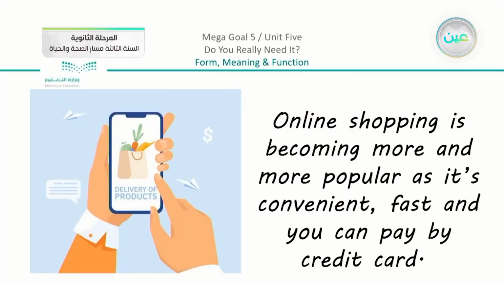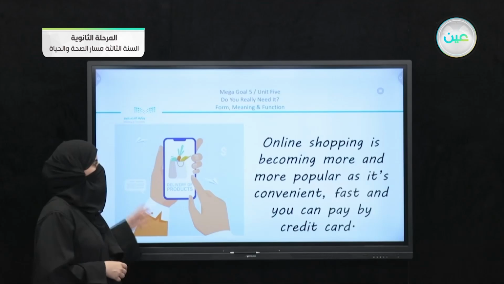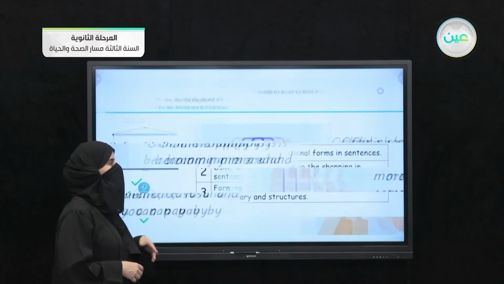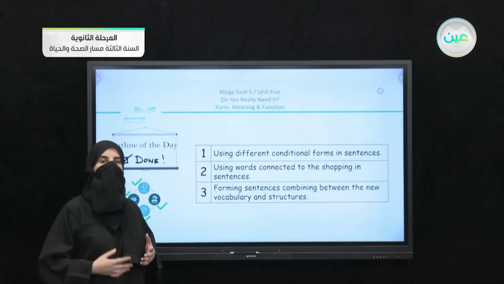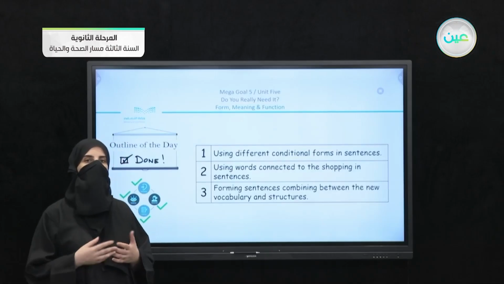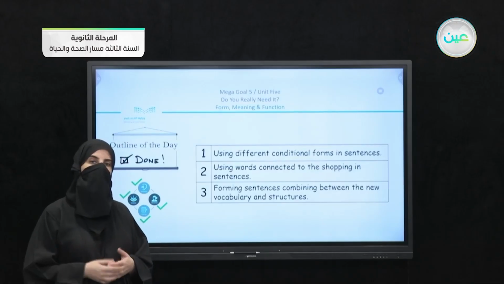Online shopping is becoming more and more popular as it's convenient, fast, and you can pay by credit card. So we can see here, what do they mean by the word fast? So we have here, these words are connected and related to shopping, which is also related to advertisements and what we have in Unit 5 in general. Do you really need it?